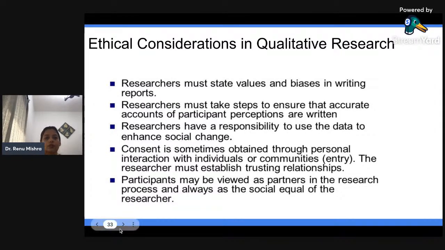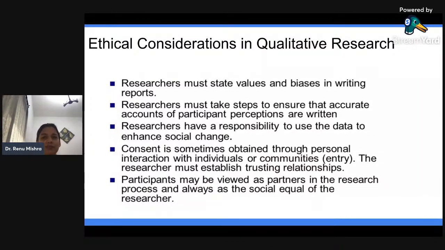Always, whenever you are conducting, for example, personal interviews, make sure that you obtain the consent of the respondent first before conducting any interview with them. So these are some small ethical considerations which every researcher should give.